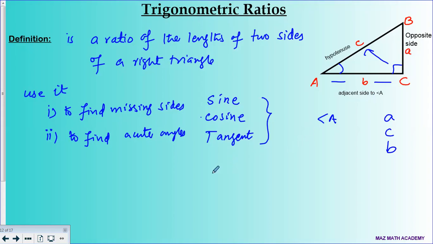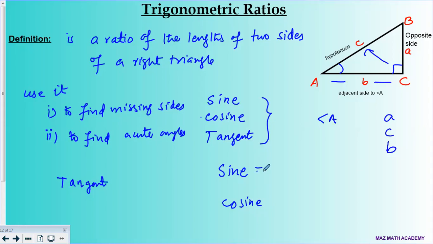Now, what are the values of these trigonometric ratios: sine, cosine, and the third one, tangent? Shortly, we write them sin, cos, and tan.